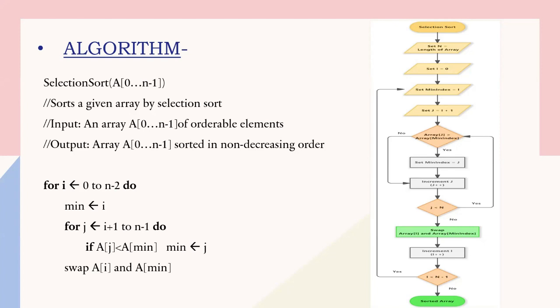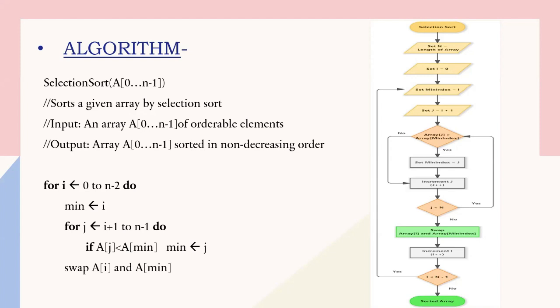The algorithm explains that there are two for loops, one for finding the minimum element and one for the element that is to be compared with the minimum element. So j will be considered as the position for the element which is to be compared with the minimum element, and i will be considered as the position of the minimum element.